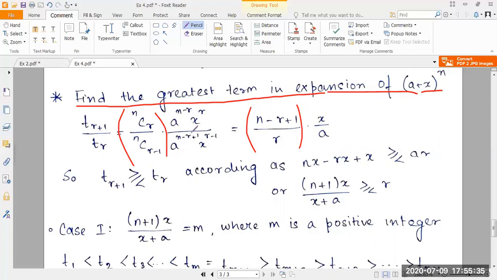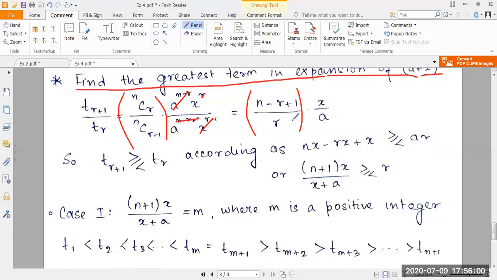And if we cancel out the values on this side, there's x to the power r minus 1 and x to the power r here, so it gets cancelled. Again, a to the power n minus r and a to the power n minus r plus 1, so this a gets cancelled and there's an extra a, so a remains. So we have (n minus r plus 1) by r into x by a.